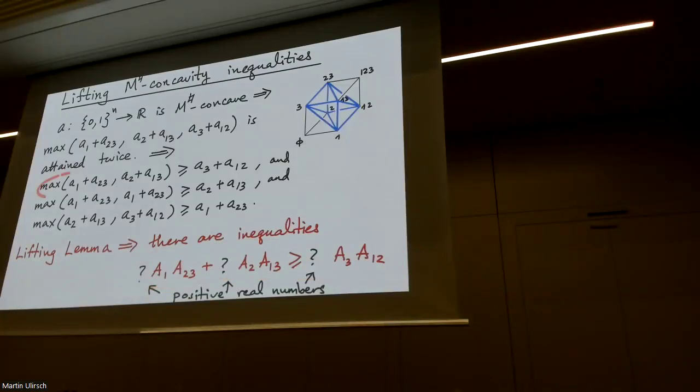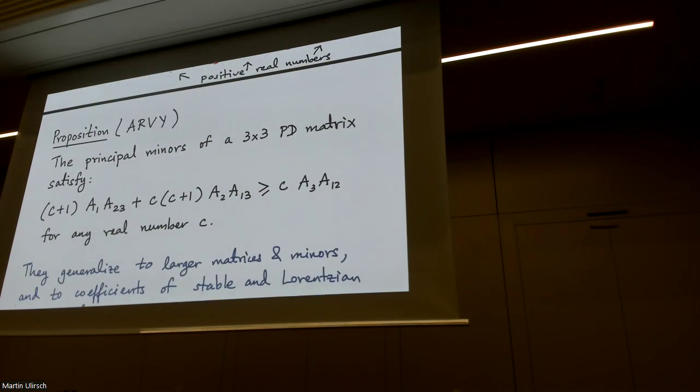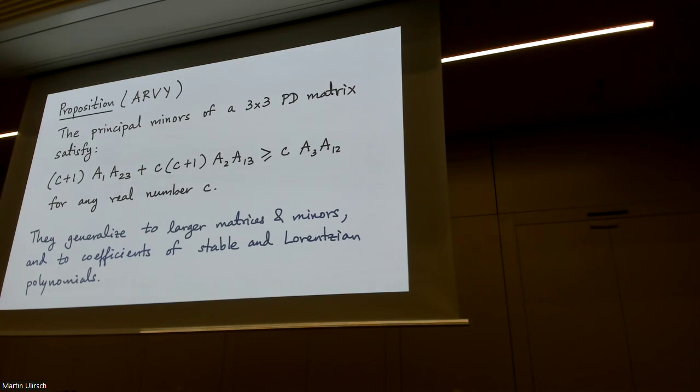So the maximum of these being bigger than or equal to this means that there has to be an inequality of some positive number times A1, A2, A3. This plus this is a tropical multiplication; if you lift them, you get usual multiplication. Maximum is the plus. So there has to be an inequality like this, and we were able to prove a very nice, very simple inequality that we were not able to find in the literature, so it may actually be new. It is inspired by our study in tropical geometry, and there are many more inequalities waiting to be discovered from tropical geometry.